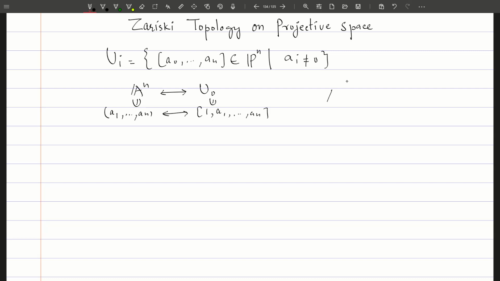That means we have an inclusion from A^n to the projective space P^n, where the point (a1, ..., an) is mapped to the point (1, a1, ..., an).